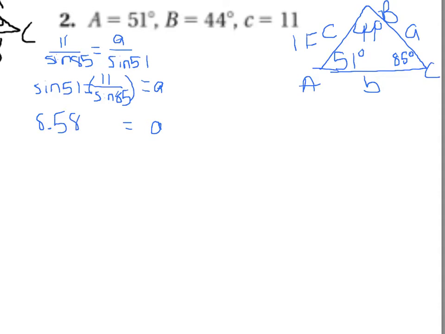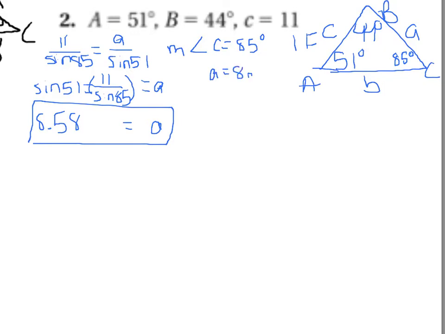So we have the measure of angle C is equal to 85 degrees, and A is equal to 8.58. Which one are we still missing? B. So we need to say 11 divided by the sine of 85 degrees equals B divided by the sine of 44.